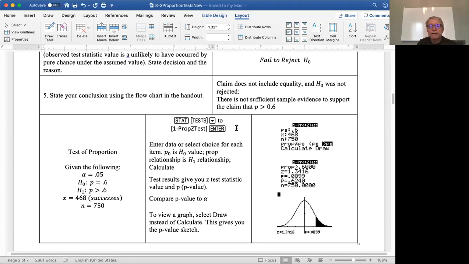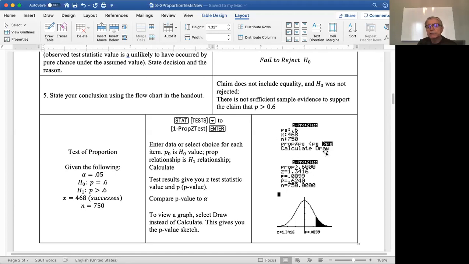So the test on the calculator for a test of proportion is called the 1-PropZTest. To get to it, you hit the stat button, right arrow to tests, go down to 1-PropZTest, and hit enter.